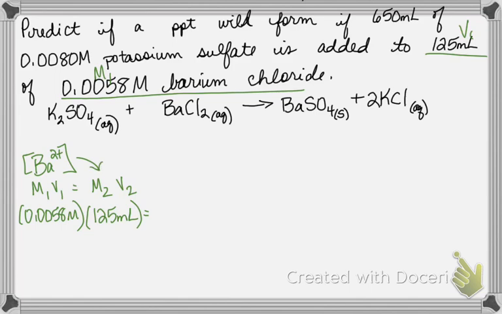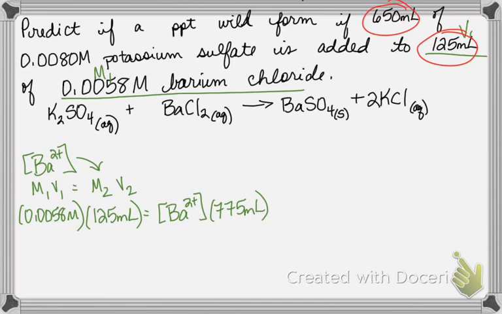M2 is the concentration of the barium. That's what I don't know. V2 is the total volume. The total volume is the 650 plus the 125, so the total volume is 775 milliliters.